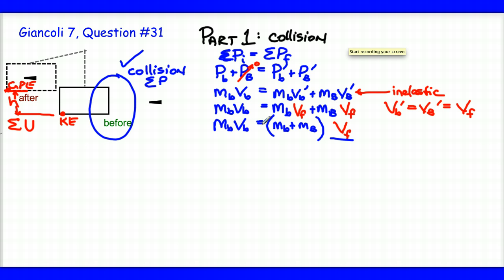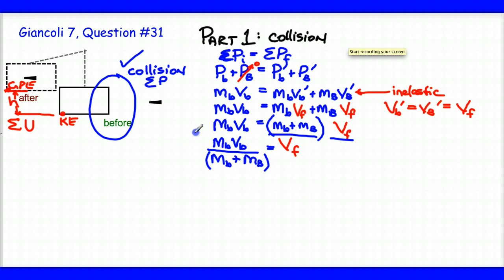Finally, I'll divide both sides by this in order to isolate VF, and so I'm left with an expression that looks like this. The final velocity of the combined bullet-block system is equal to the mass of the bullet times the velocity of the bullet before the collision divided by their combined mass. Now, I could write it as m sub t for the total mass, but I'll leave it in terms of the mass of the bullet and the mass of the block together.